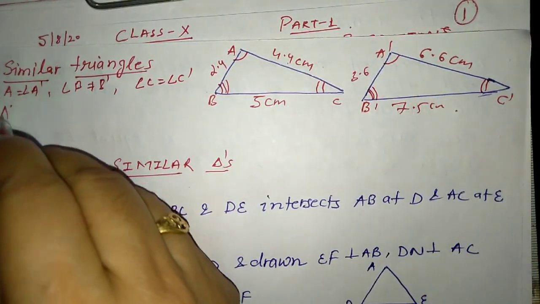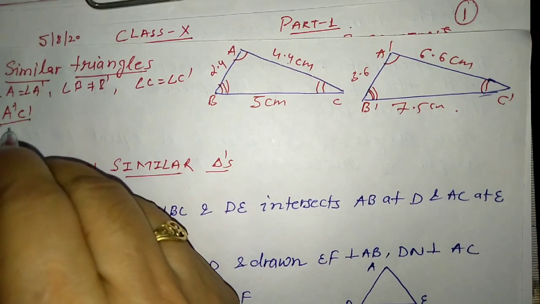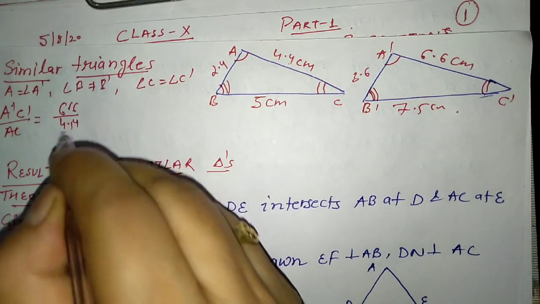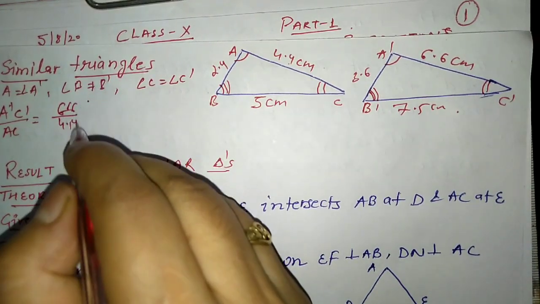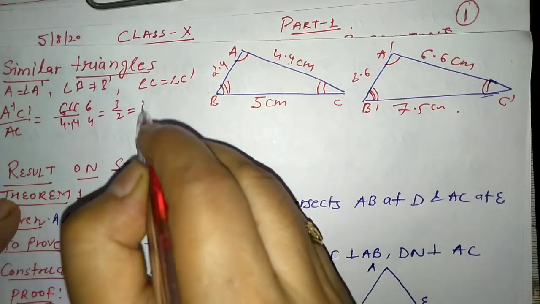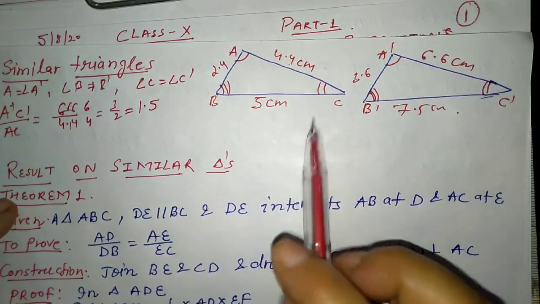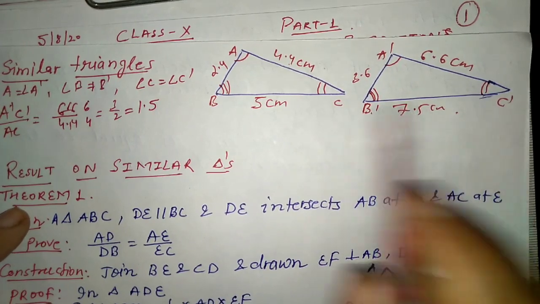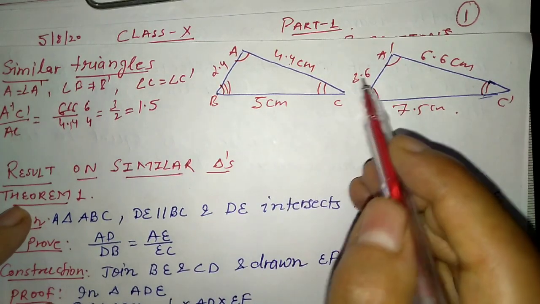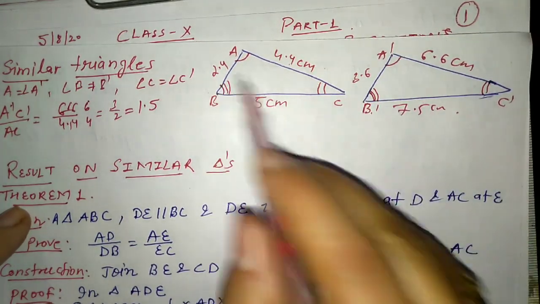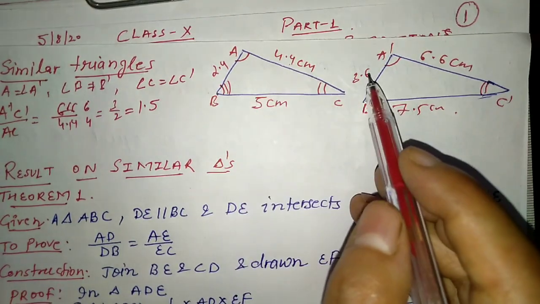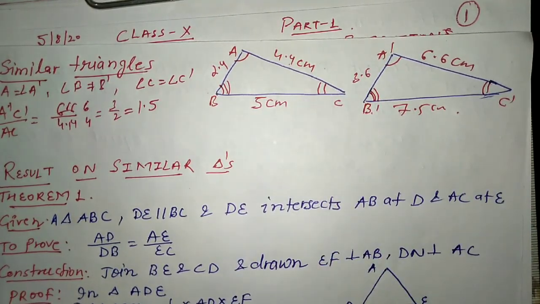A dash C dash upon AC is 6.6 upon 4.4. If we divide this, we get 3 upon 2, that is 1.5. For the other sides, B dash C dash upon BC is 7.5 upon 5, which is also 1.5. If we check AB and A dash B dash, this will also be 1.5. So the corresponding sides are in the same ratio and the corresponding angles are equal, which means both the triangles are similar.